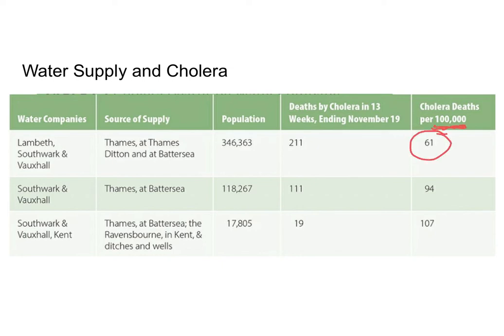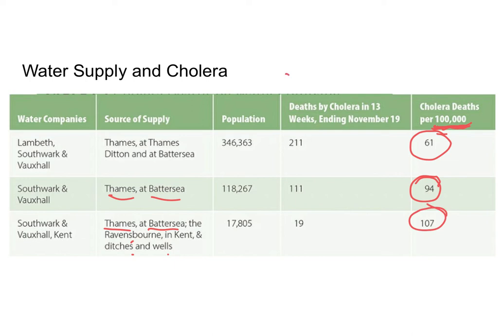So he understood that you had to control for population size. If it was Southwark and Vauxhall, Thames and Battersea, then the rate was slightly higher. And if it was Southwark, Vauxhall, and Kent, Thames, Battersea, Ravensbourne, and ditches and wells, then it was really high, 107, right? So what did he notice from here?